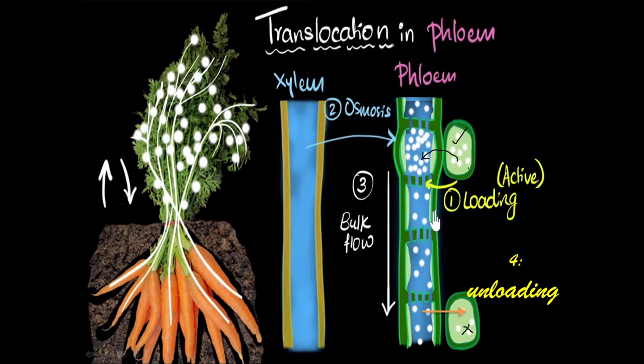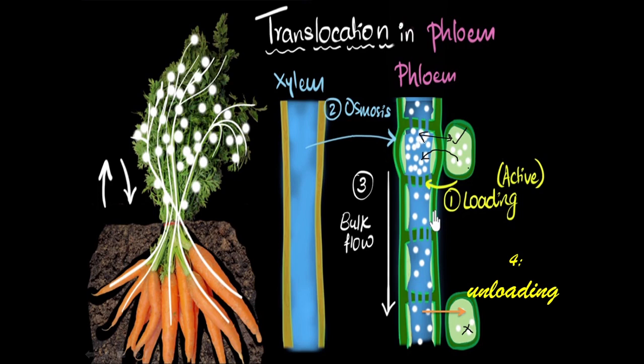So the food has reached the phloem now. The flow will happen until a balance is created, until both parts have the same amount of solute.